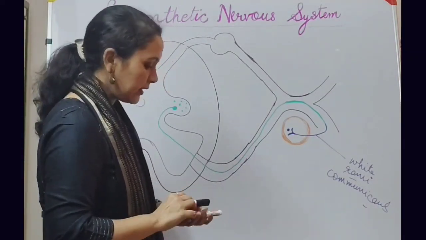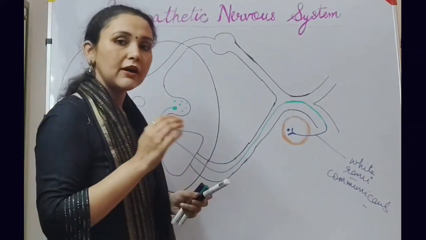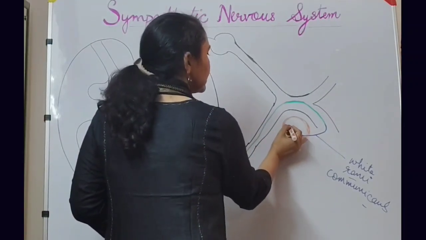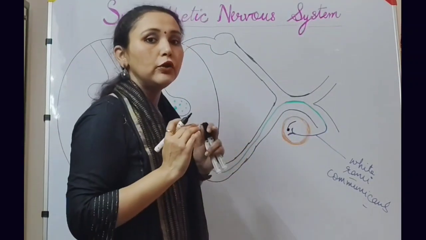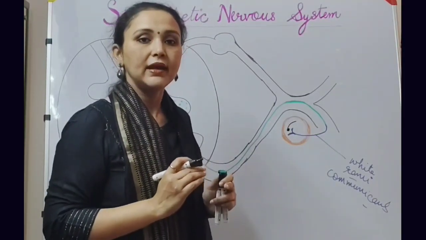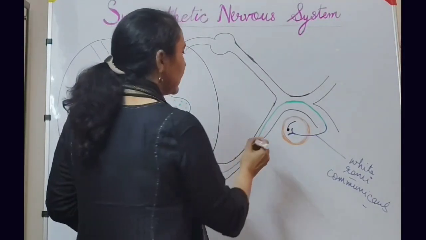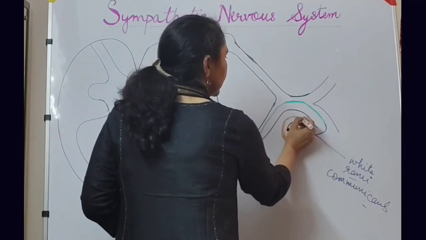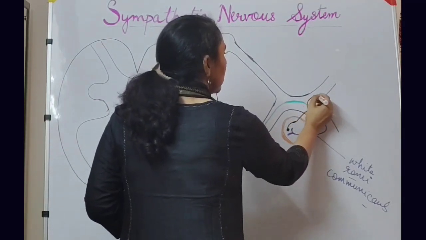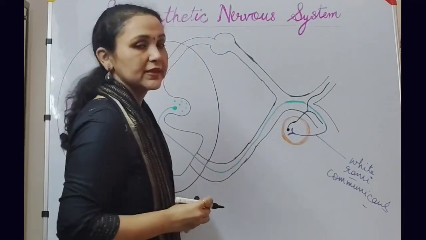And then after relaying, the postganglionic fiber will arise. This is non-myelinated or unmyelinated, so we call it the gray ramus communicans, and it will be distributed through the ventral ramus and also through the dorsal ramus.